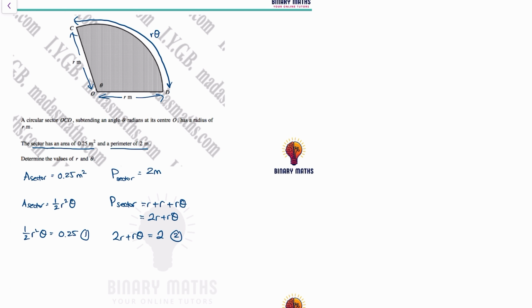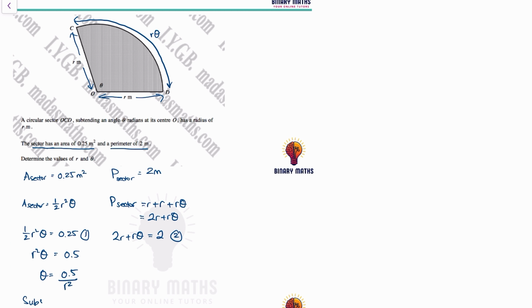If I rearrange equation 1, then I get r squared theta is equal to 0.5, if I double both sides, which means theta must be equal to 0.5 over r squared.